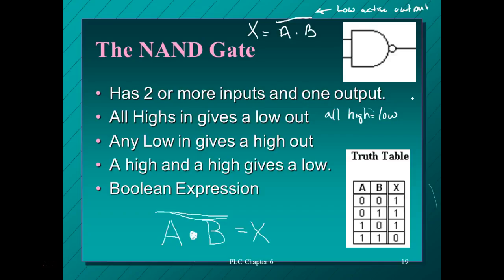If I do a NAND, if I open up any contact on a NAND, then it's going to go off, right? So ANDs and ORs are what's required to make the rung true. NANDs and NORs is what's required to make the rung false. Good guys, I've got this knocked.